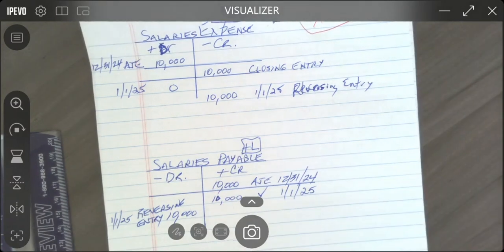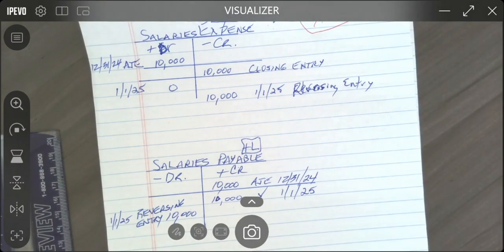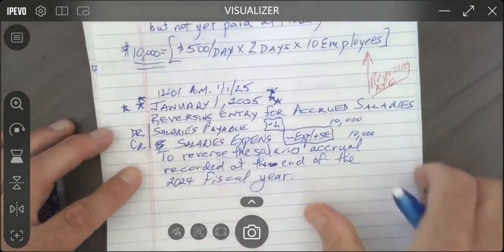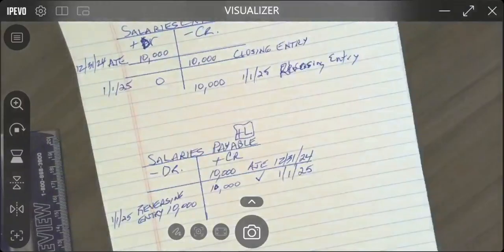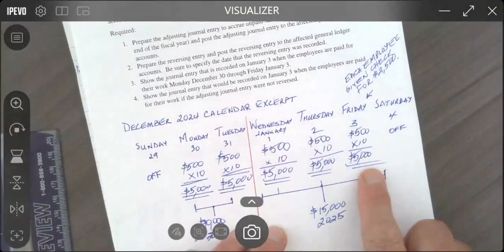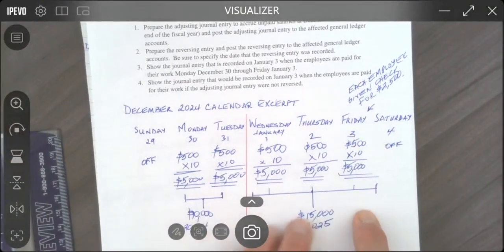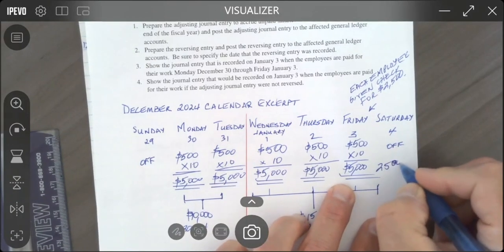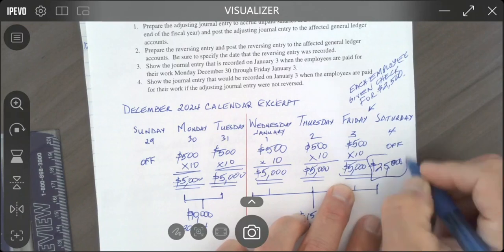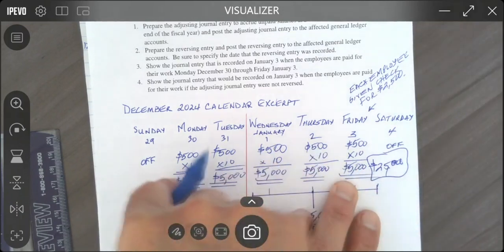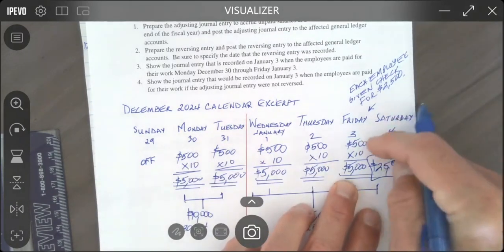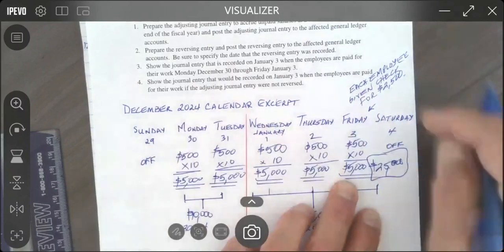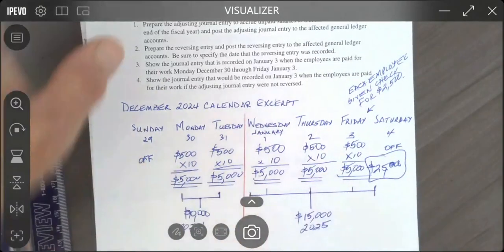See why we did that. We come to Friday, and just like we always do, so keep in mind, on January 3, we're going to pay $2,500 apiece to the 10 employees, or $25,000.